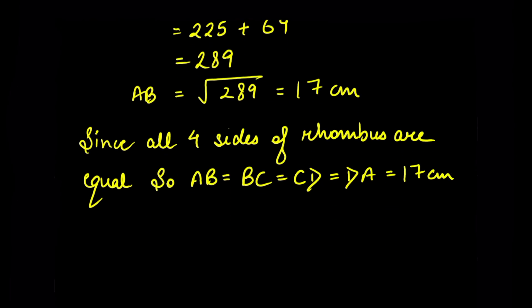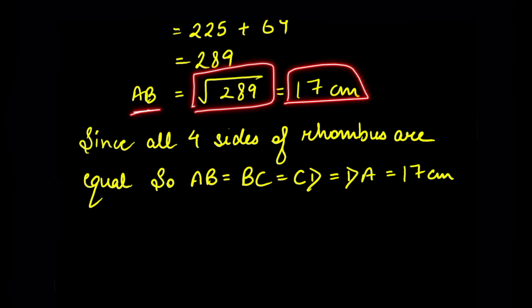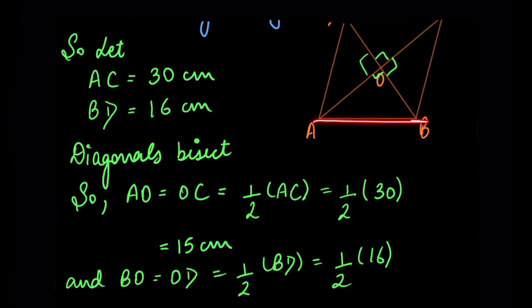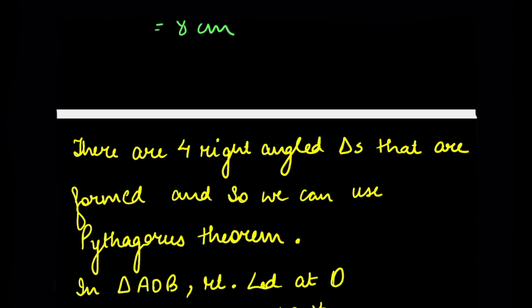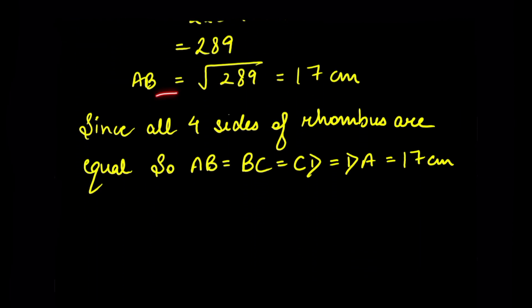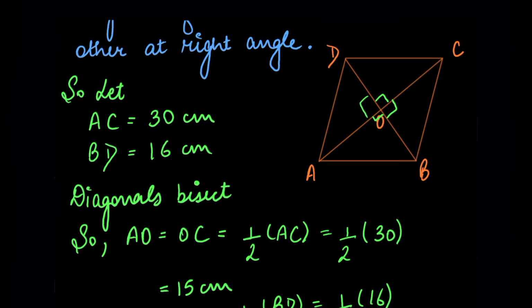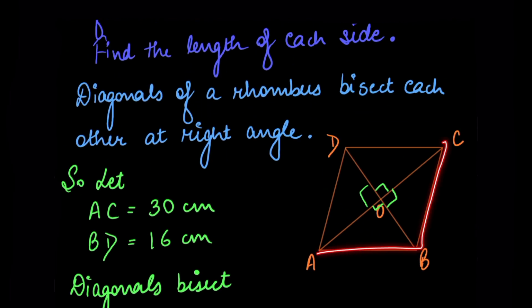So AB is equal to the square root of 289, that is 17 centimeters. So now we can say that AB is equal to BC is equal to CD is equal to DA, that is 17 centimeters. So all four sides of the rhombus are 17 centimeters.